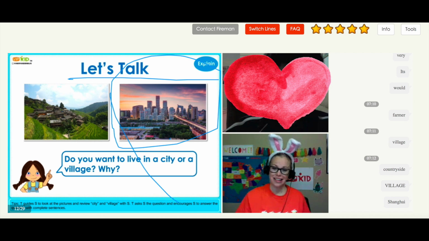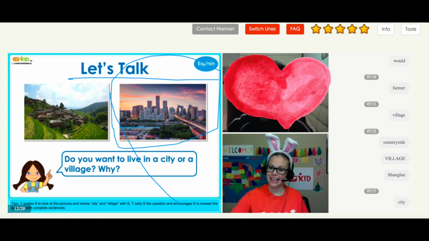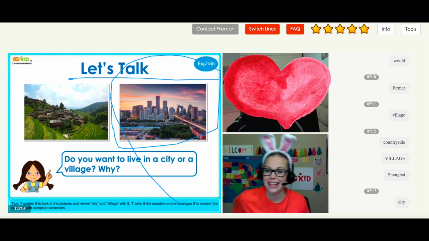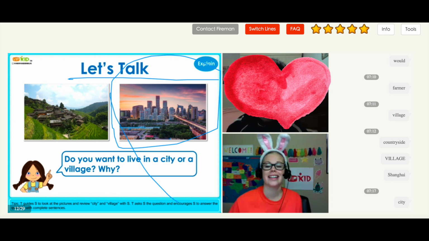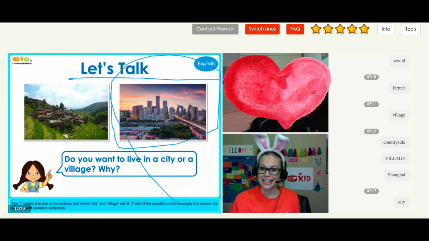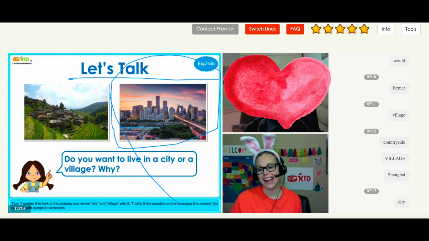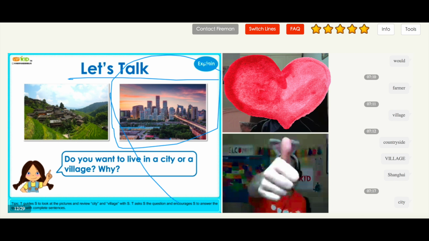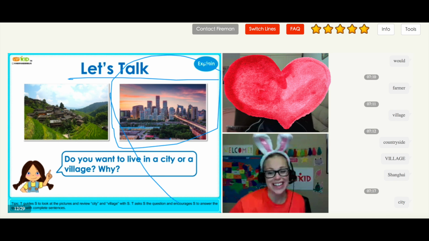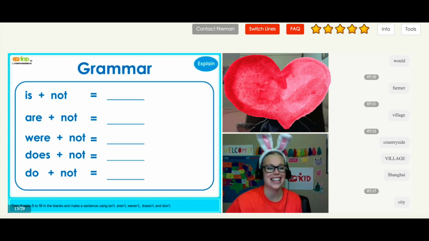Because it has many places to play and drive cars. You got it. There are many things to do in the city.